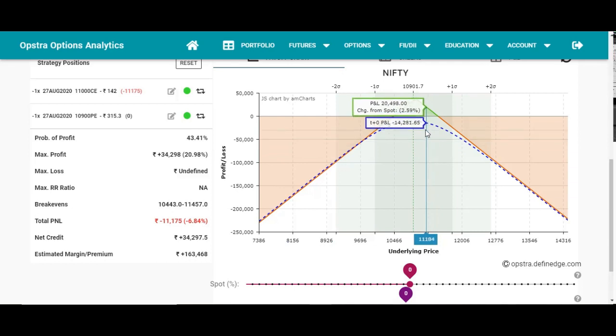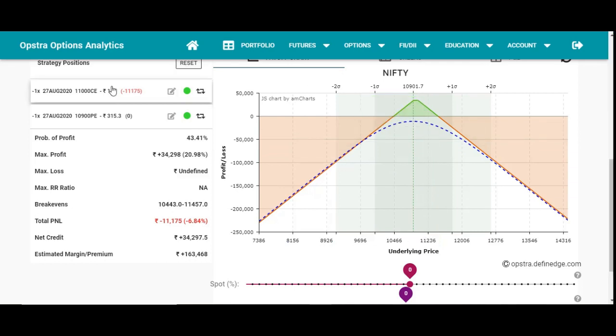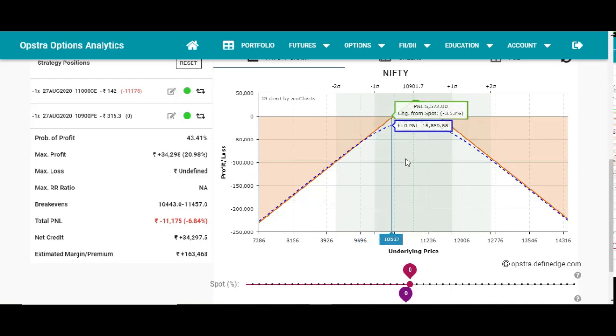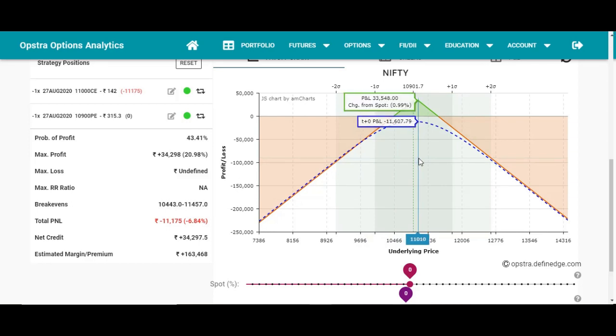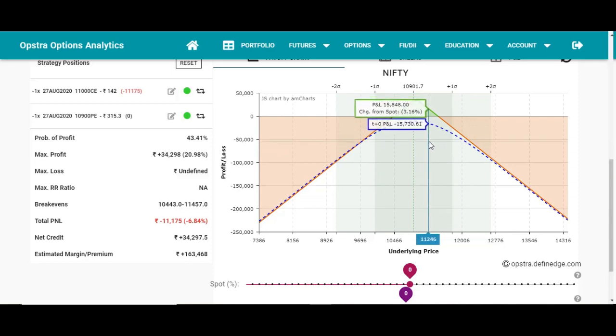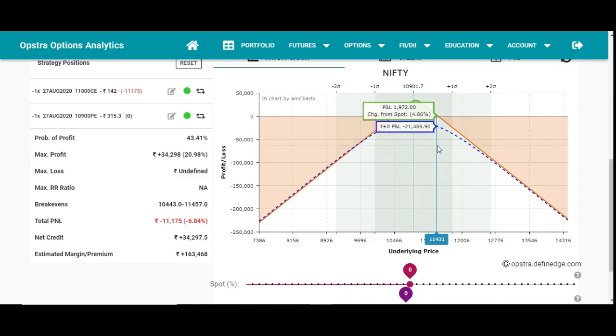His initial max profit is only 10,000, since he has shorted only one lot at 142. Now you can see that the max profit has moved to 34,000 if Nifty expires anywhere between 10,900 and 11,000. Even if Nifty is moving upside, he'll be getting profit till the point of 11,457.